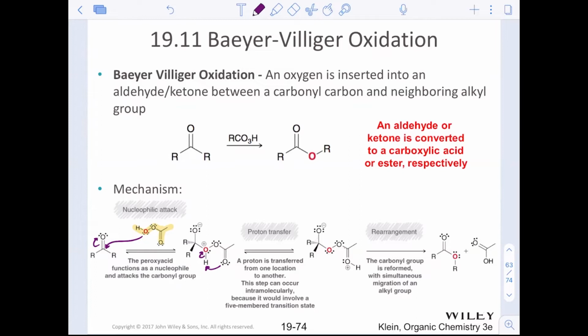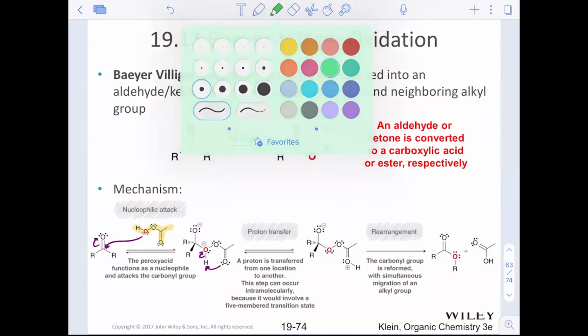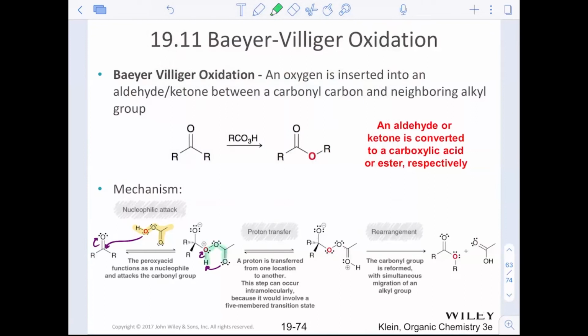And so later on, we'll see where these reactions of intramolecular proton transfers might not occur because it's less than 5 membered transition states. 5 and 6 is always great because remember, those are the most stable cyclic structures. And so that's where we're hinting towards this 5-membered ring transition as a more stable approach.